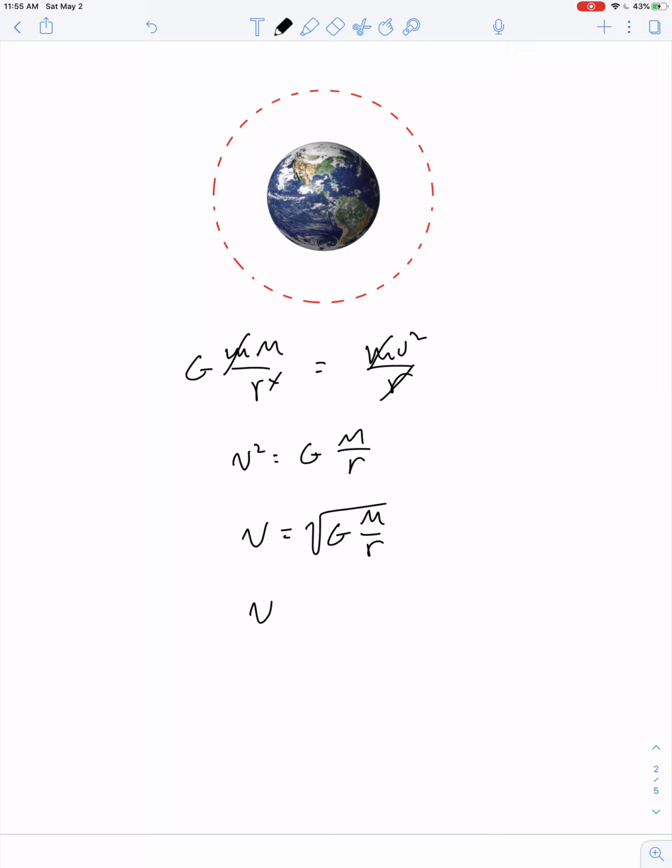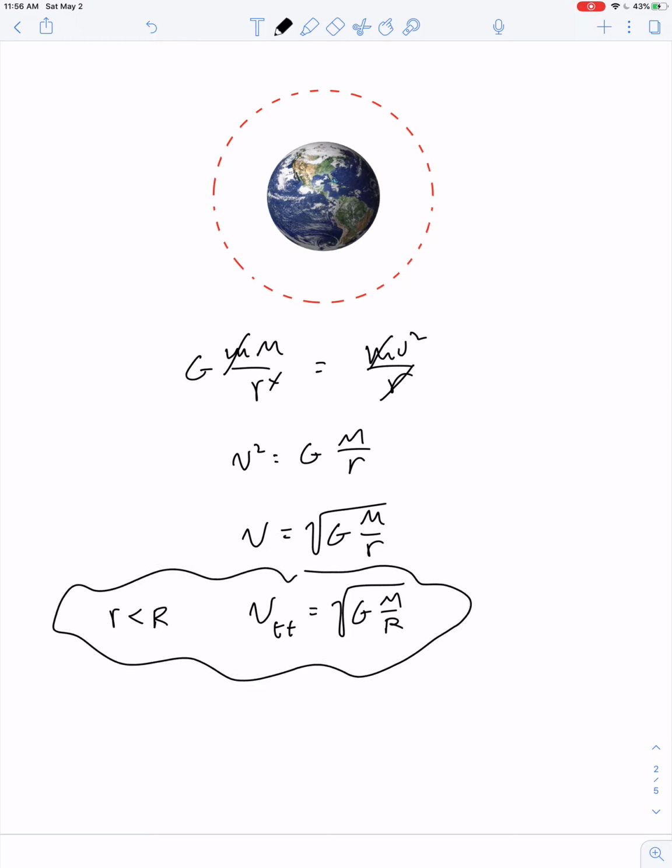Now if we want the speed of a treetop orbit, in that case the orbital radius is the planetary radius. So for the treetop orbit, it's the square root of GM over capital R. But that's a special case. This is the more general form of the equation.